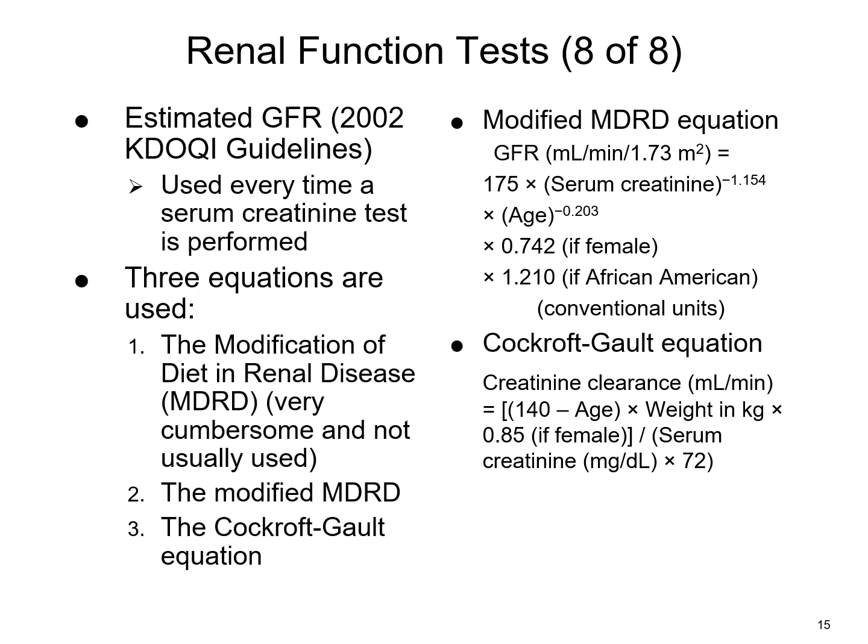With this equation, it does utilize the patient's age and weight and whether or not they're female. Once you plug all those in, it gives you a little bit more of a simplified version of it.